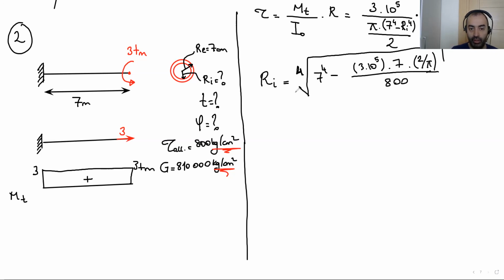By the way, here you can see the fourth root of this equation we have to calculate. We are going to use the calculators. Please take a look at your calculators and find out how to do this calculation. It's easy.